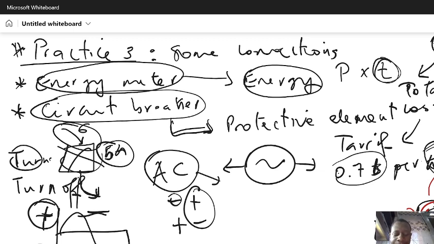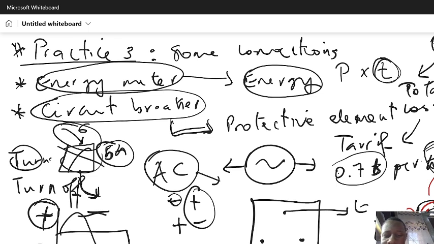Something we are used to seeing in the socket is a socket with 3 terminals. We discussed in the previous practice that here is the earth for protection. Here can be from the live and here from the neutral.